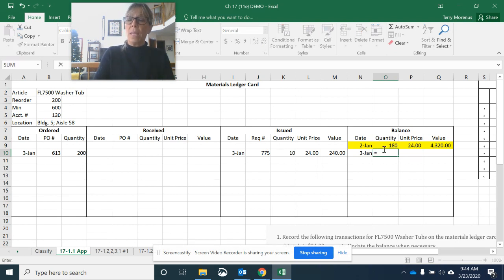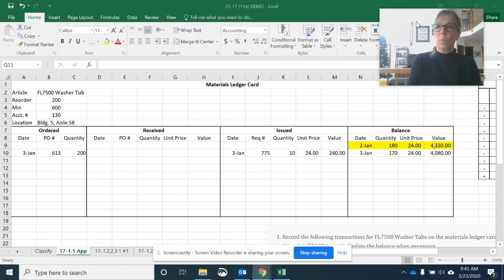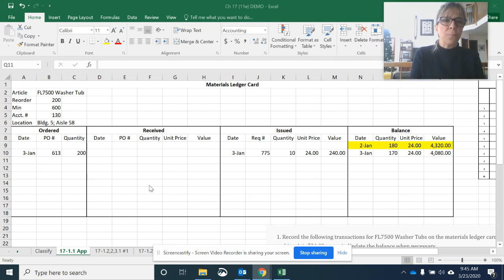So now we only have 180 minus 10, 170 units. At $24 that we paid for them. And so our running balance of our cost of inventory that we currently have is now down to $4,080. That's worth of washer tubs in our warehouse. Okay, move myself back over.